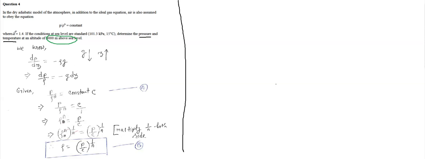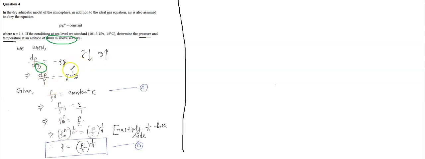If you remember, the pressure varies along the z-axis, and we know this expression: dp/dz equals negative rho g. The z-axis is always the vertical axis, with this as the positive direction.